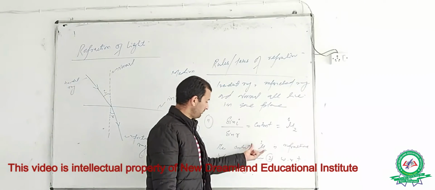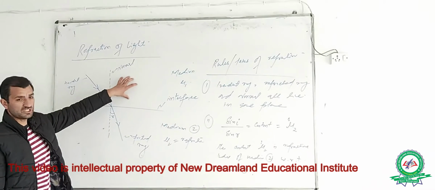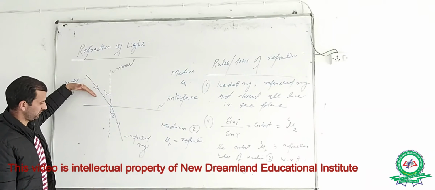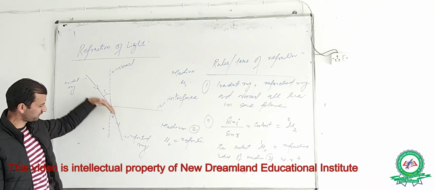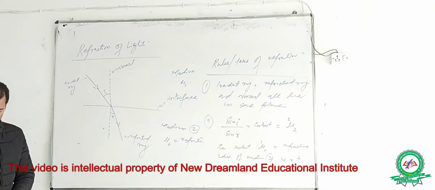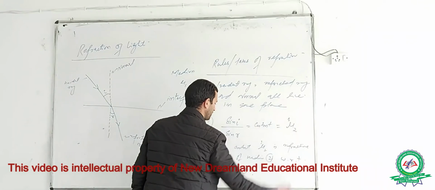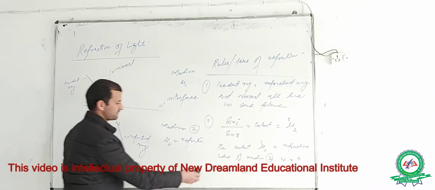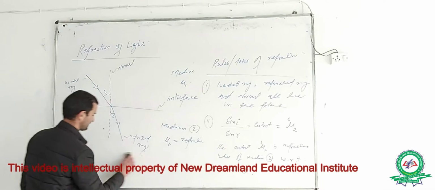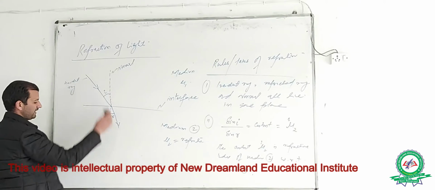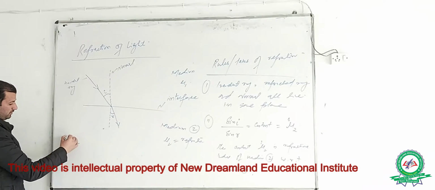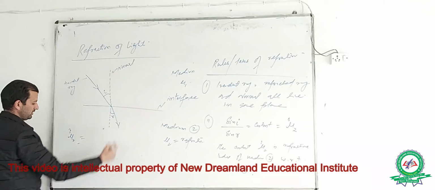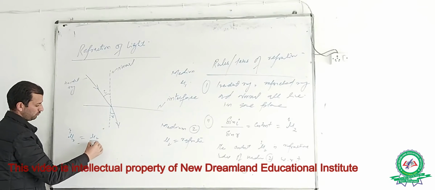Now medium first is the one in which the incident ray is traveling, and medium second is the one in which the refracted ray or refracted light is traveling. So this mu21, the refractive index of medium second with respect to medium first, we can write as mu2 by mu1.